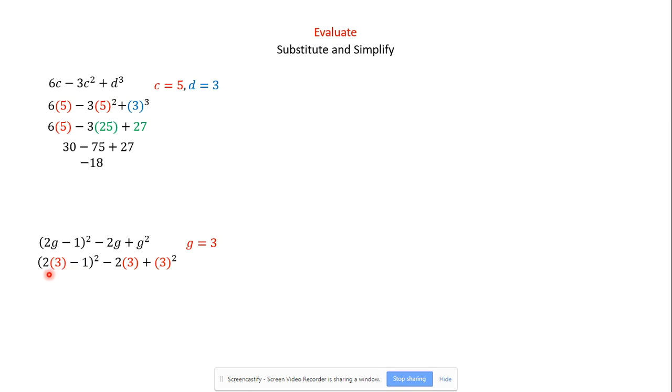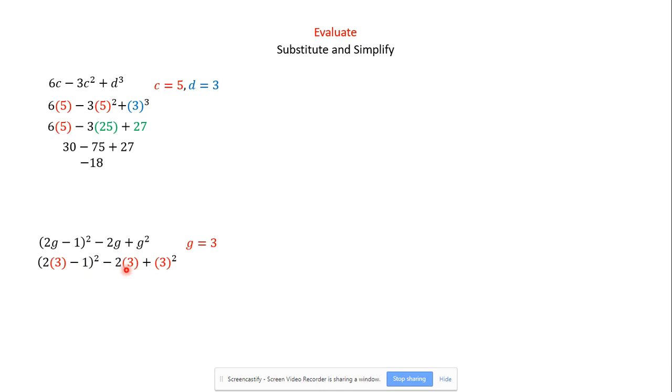And yes, I do believe that you can get from 2 times 3 minus 1 to 5 in just one step. You don't have to show me 6 minus 1 and then 5. In fact, you could probably do 2 times 3 minus 1 is 5 squared equals 25 in one step. I wouldn't do more than that in one step, though.